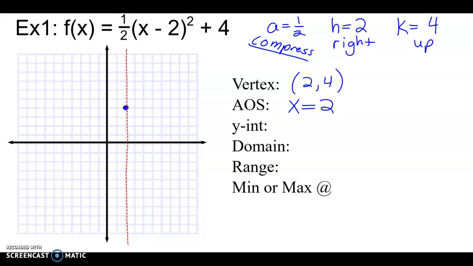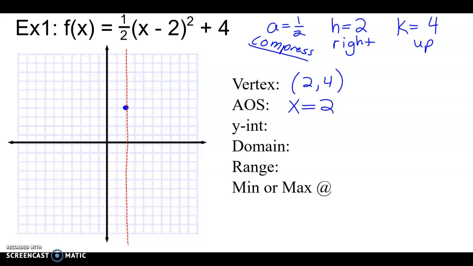Okay, what is my A value? 1/2. It's 1/2, good. So it's compressed. If that was a straight line, how would we graph a slope of 1/2? Up 1 over 2, right? It's a little bit different with a parabola. We're not going to go up 1 over 2 anymore.